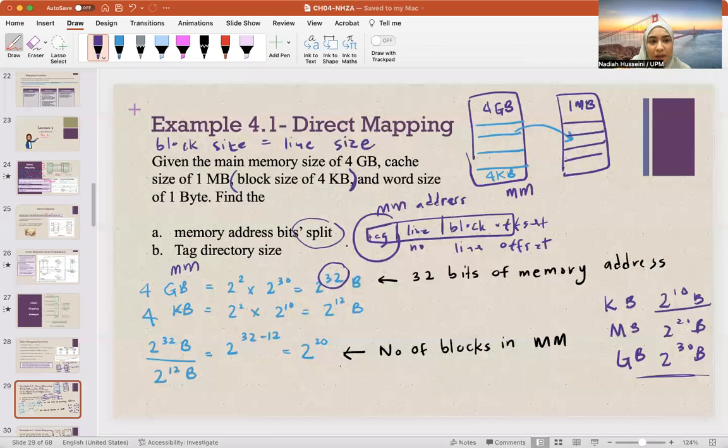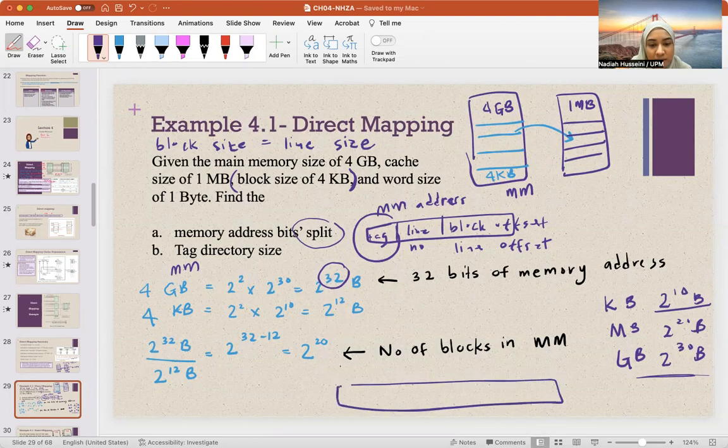So I would know that the format of my memory address will be 32 bits. Based off the main memory size, I convert it to 2 to the power of something. That 2 to the power of something is going to be the number of bits for my memory address format. Okay, doesn't seem very straightforward, but this is how it is.